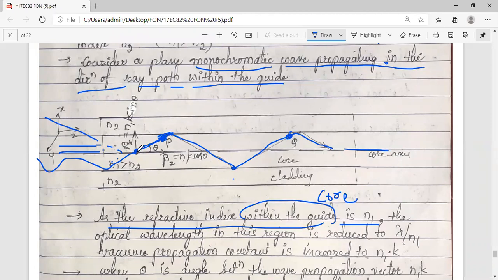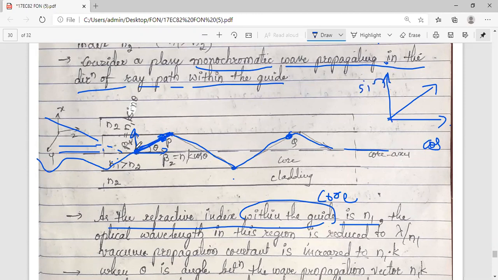And this wave which is traveling, we can resolve into two components. You know how any vector can be resolved. If a vector is something like this, it can be resolved into two components, horizontal and vertical. Horizontal is a cos term, vertical is a sine term.